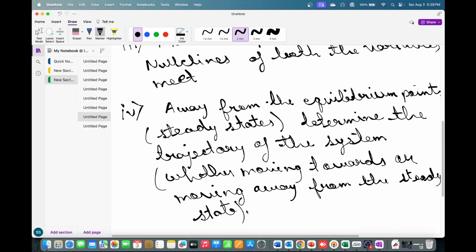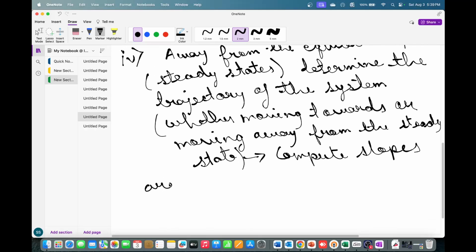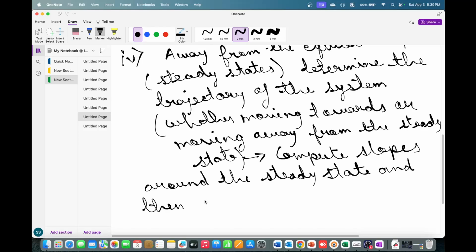How do you do that? You compute slopes around the steady state and then check the signs of the slope.